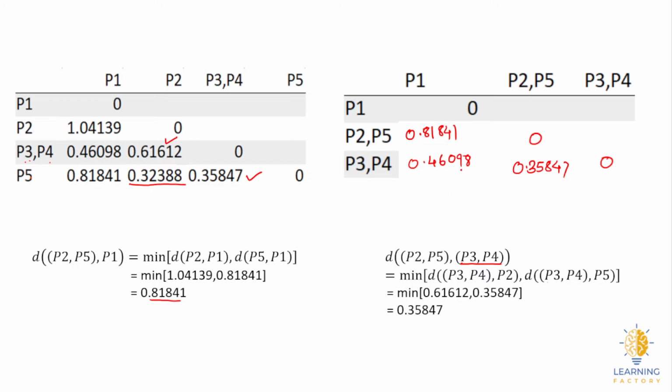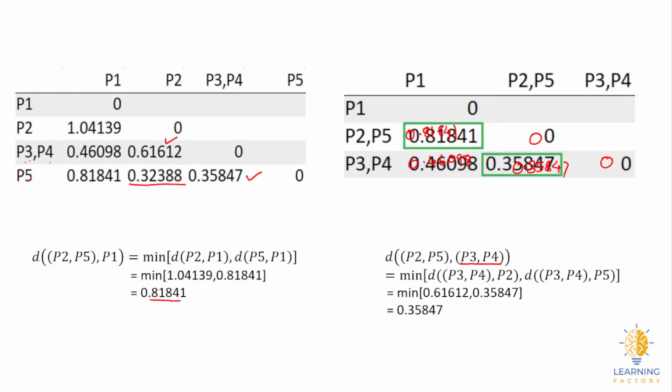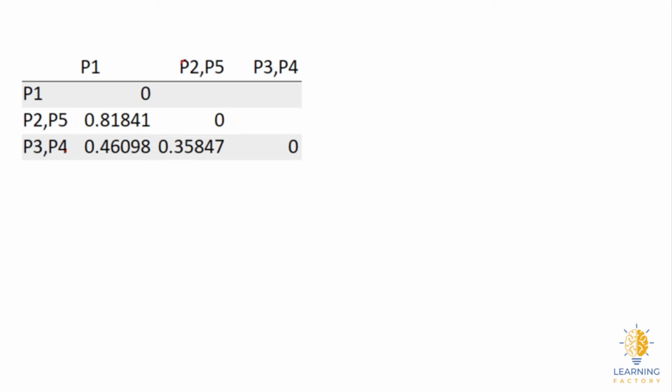Okay, so this is how we are supposed to compute the distances. So finally we are having this updated proximity matrix, right, that we would be using in the next step. So this is our new proximity matrix.